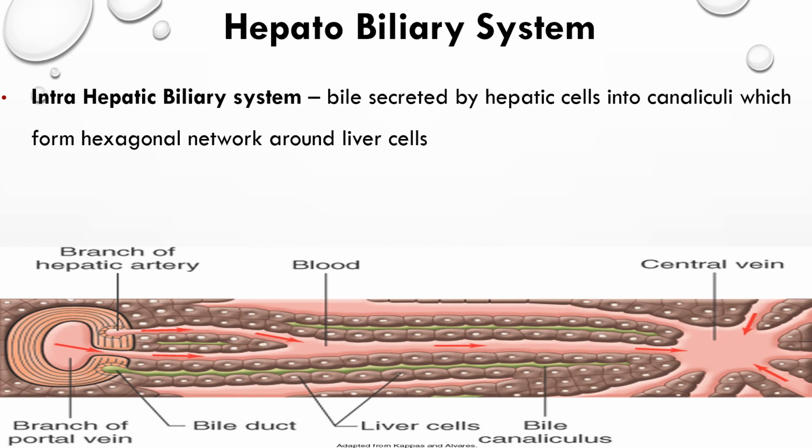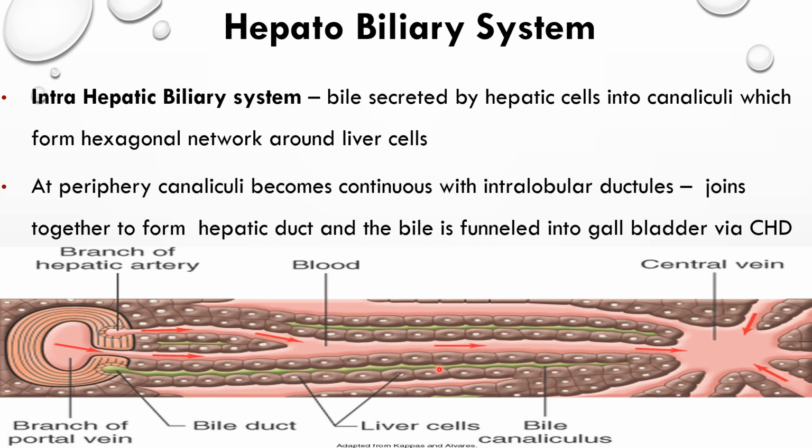Hepatobiliary system, the intrahepatic biliary system. Bile is secreted by the hepatic cells into the canaliculi, which form a hexagonal network around the liver cells. Here are the bile canaliculi, in green color. And here is a portal triad, which includes the bile duct. The bile canaliculi lie in between the hepatocytes.